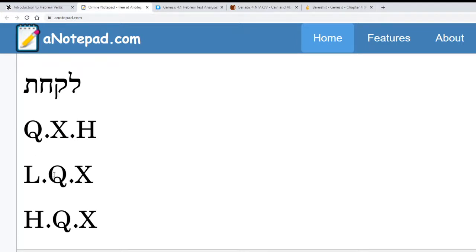Is it lamed, qaf, het? Is it hey, qaf, het? Right? And some people will say in different places, no, this is the root, that is the root.